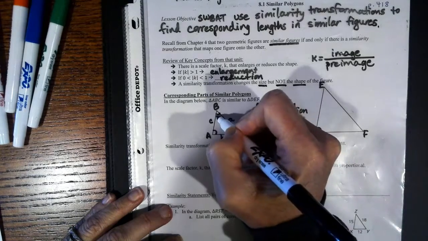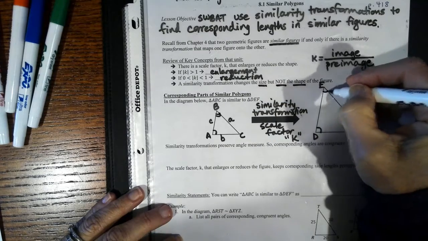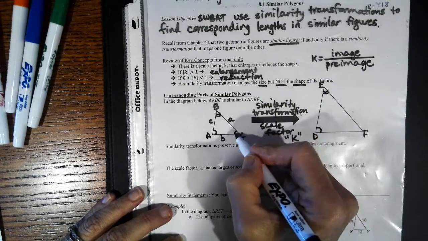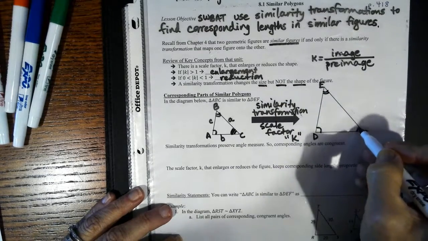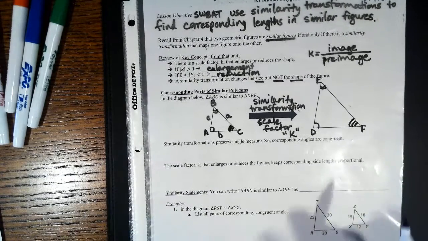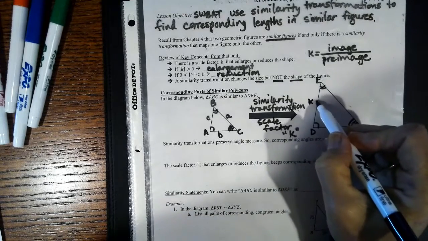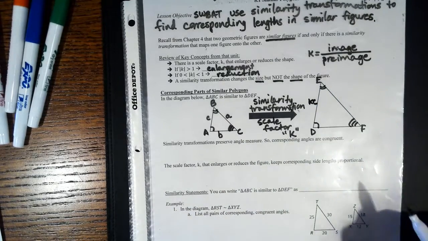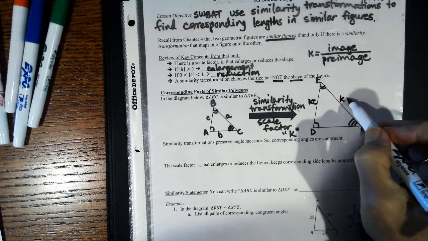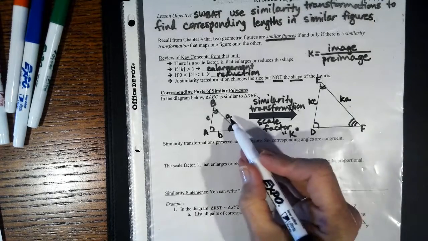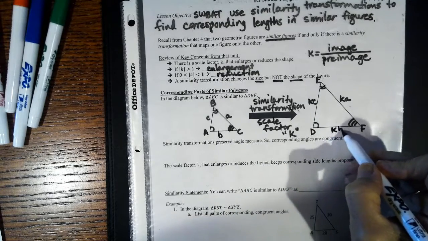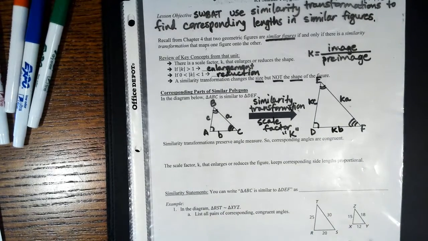Angle B will be the same size as angle E, and C will be the same size as F. Now, instead of putting a little f over here, I'm just going to put k times c, because that's going to be that much bigger. This one here is going to be k times a, because that corresponds to this, and this one down here is going to be kb. So that's how it corresponds.